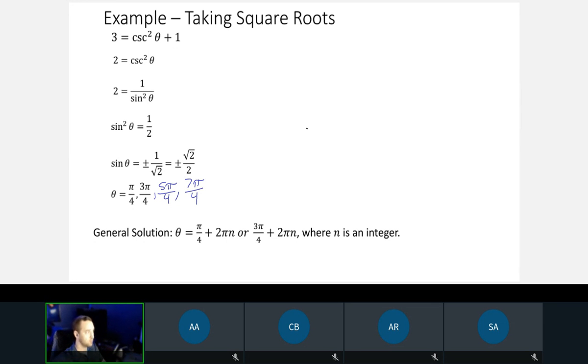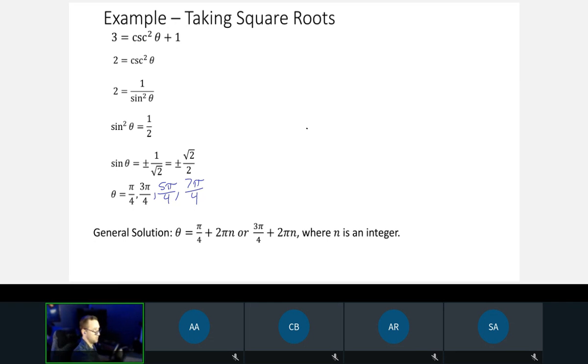Let me look at the unit circle because I need a picture before I say what I'm going to say. Pi over 4, 3 pi over 4, 5 pi over 4. Nope, that's correct. Yep.